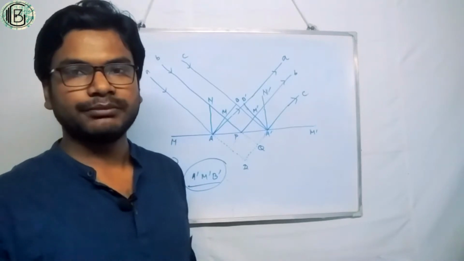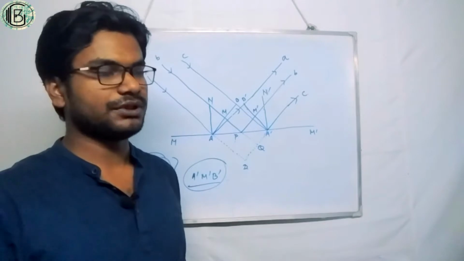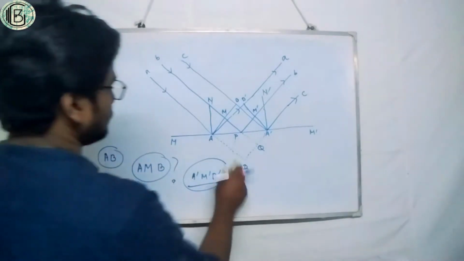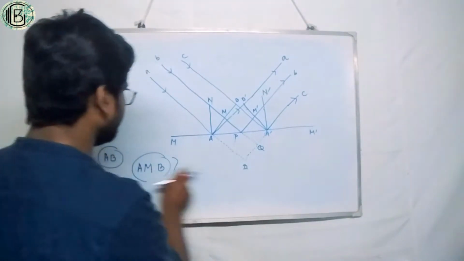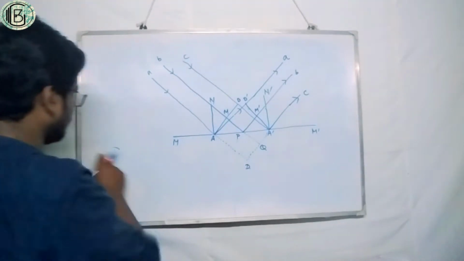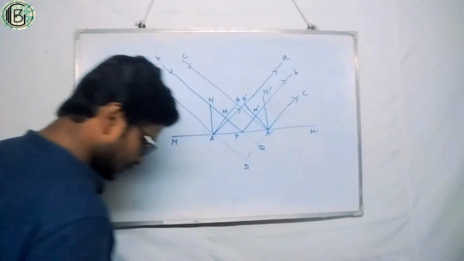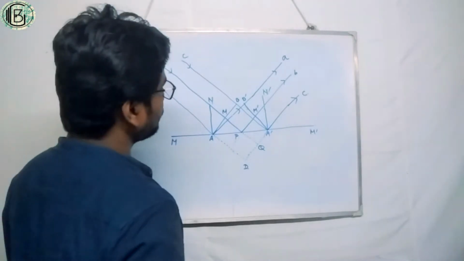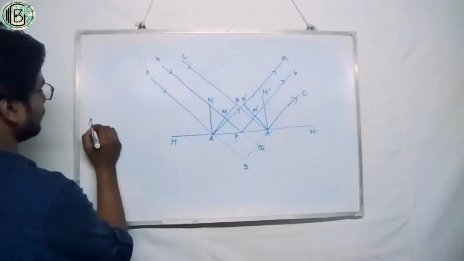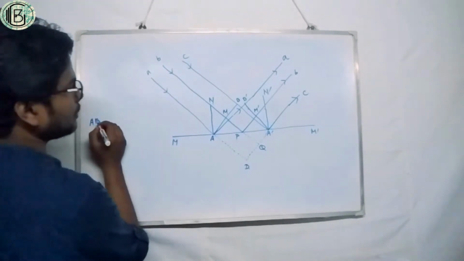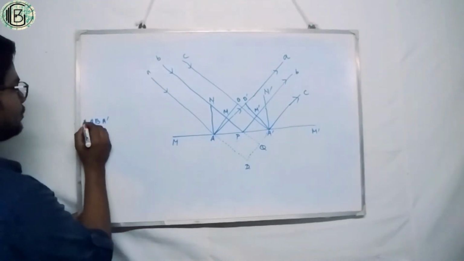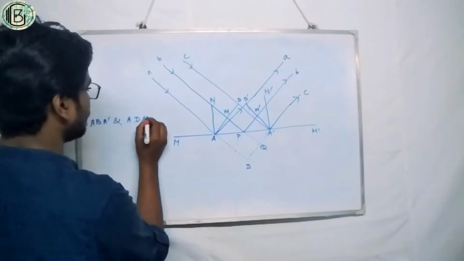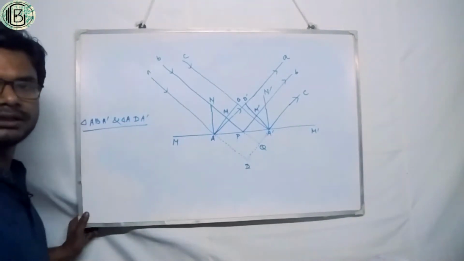Now we will do some basic geometrical steps to prove that this is the reflected wavefront. In order to prove this, we will compare some triangles. Now in order to compare the triangles, first we take the triangle A, B, A prime and triangle A, D, A prime. We'll take these two triangles.